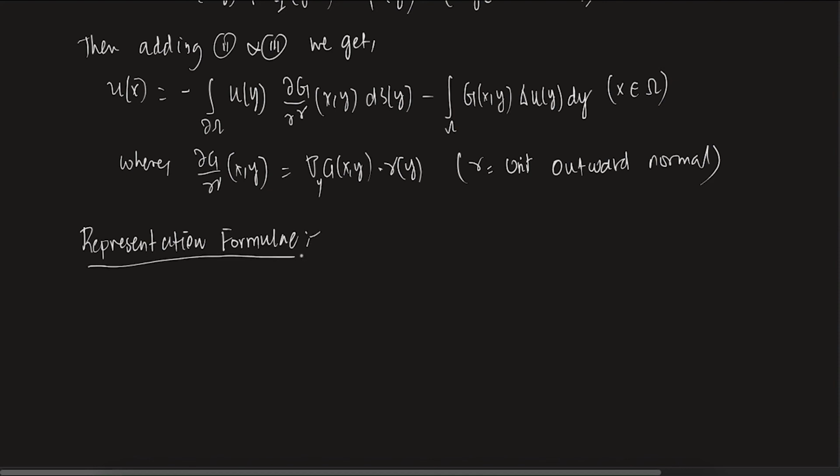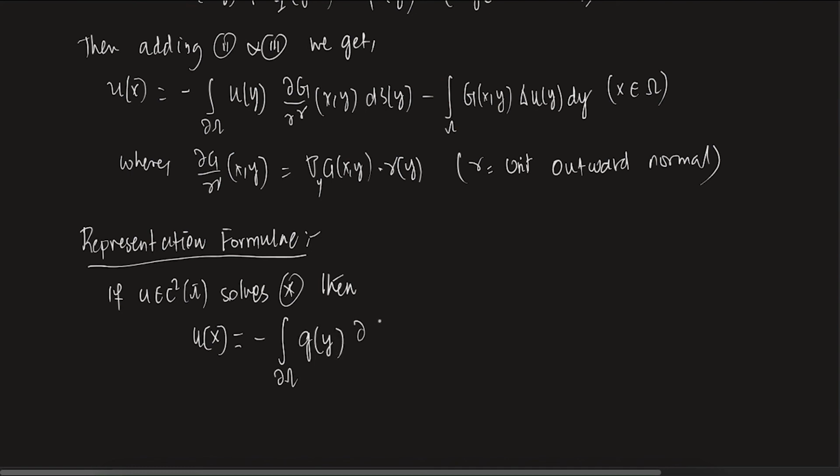What it says is, if u is in C2 omega bar, solves star, then u of x is written as minus integral over the boundary of omega of g of y del g del gamma of x,y dS y, plus integral over omega of f of y g of x,y dy. Clear? I just wrote this in.